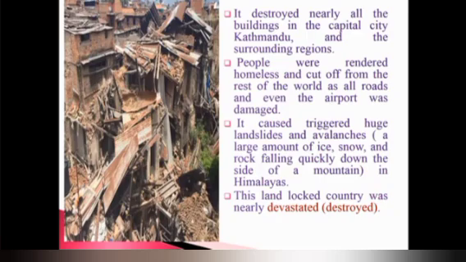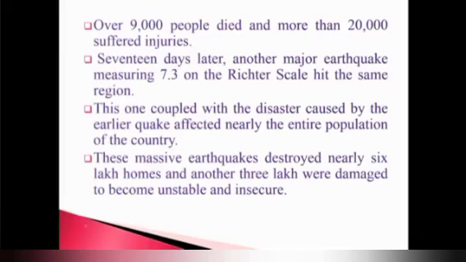This land-locked country was nearly devastated, which means destroyed. Over 9,000 people died and more than 20,000 suffered injuries. 17 days later, another major earthquake measuring 7.3 on the Richter scale hit the same region.